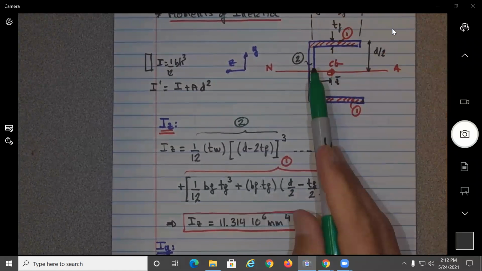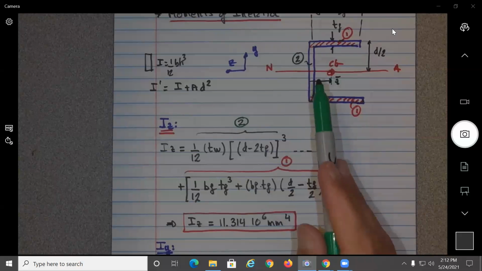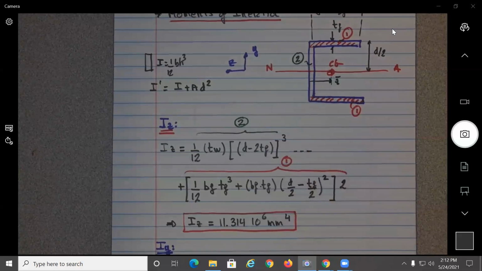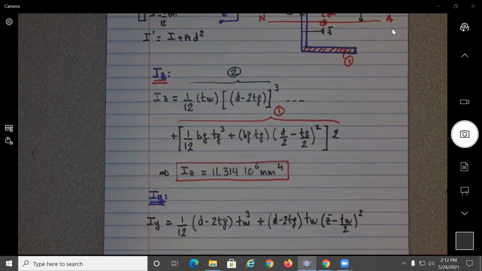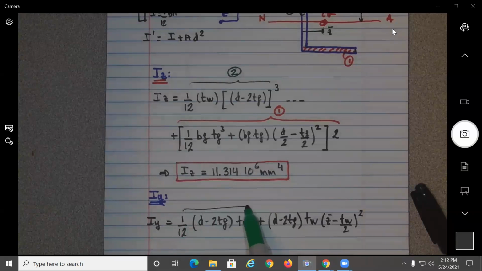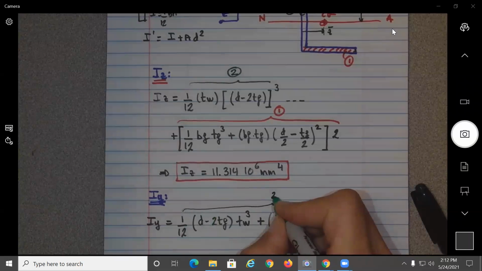So the distance from the CG of this element 2 to this one would be equal to Z bar minus T web divided by 2, squared. Okay. So again, all this is for 2.